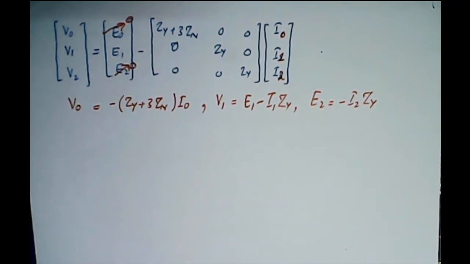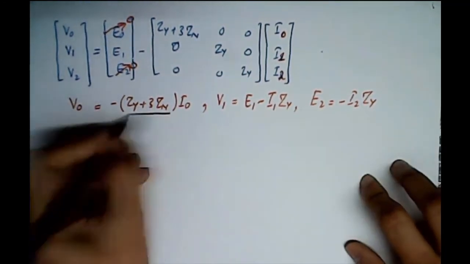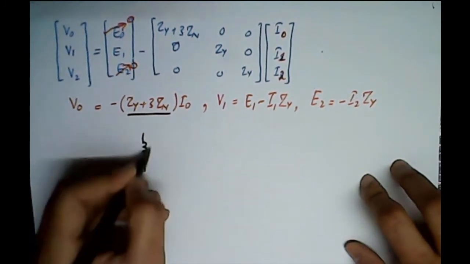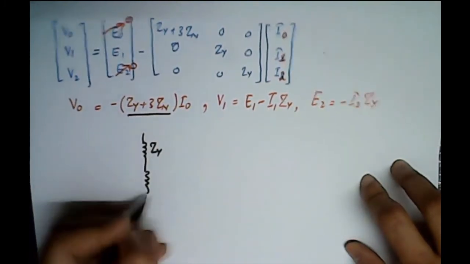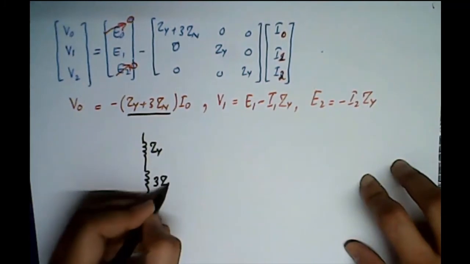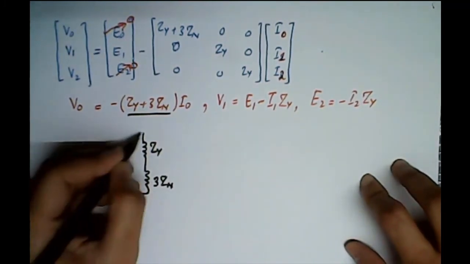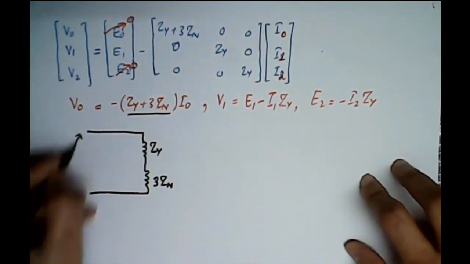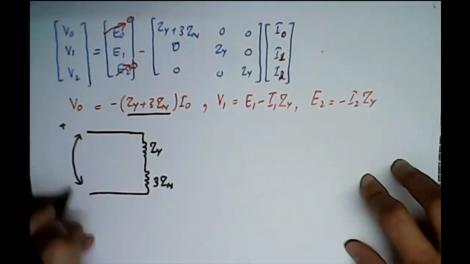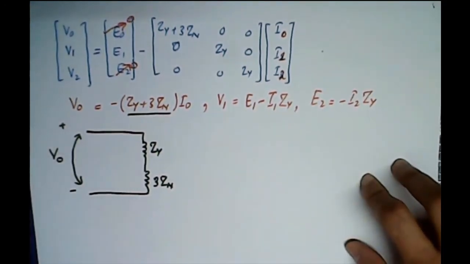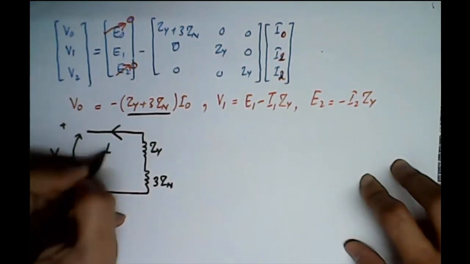So if we draw this network, let's start with V0. Zy plus 3Zn, this means in series: Zy, 3Zn, and V0. And since the current is negative, this means the current is not flowing inwards, rather it is flowing outwards.